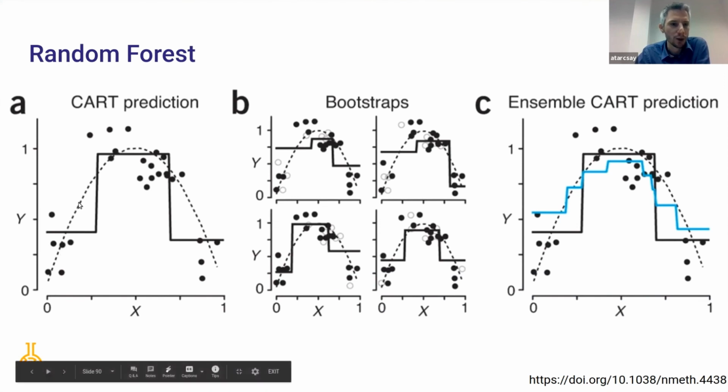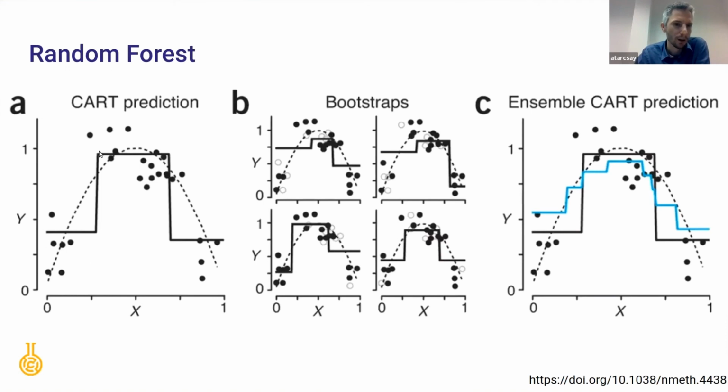Now, if you have a function like this, and if you apply this decision tree on your sample, then it will have three groups.